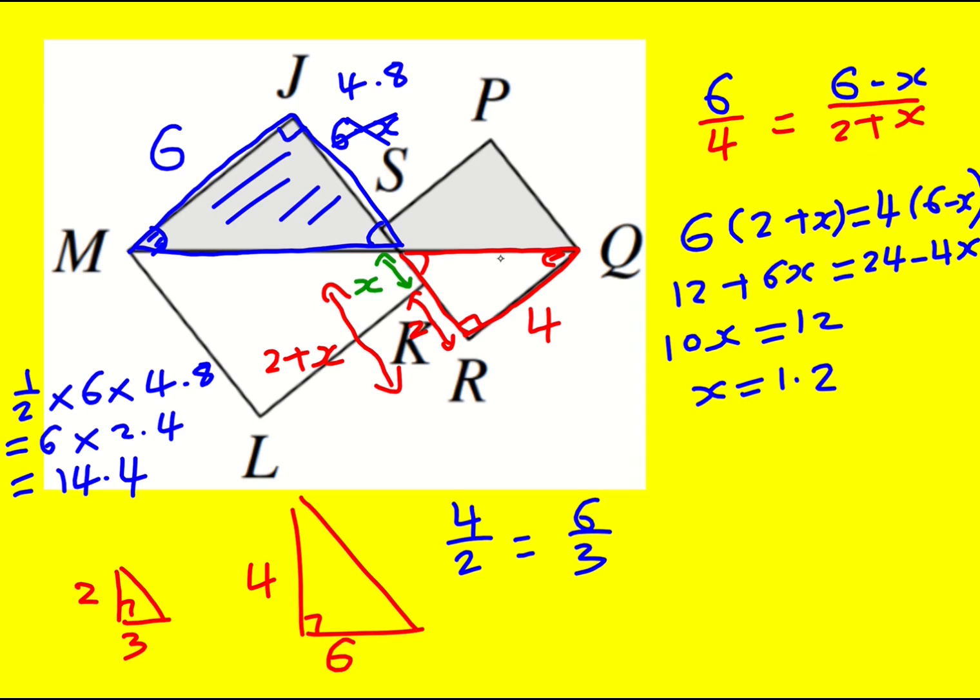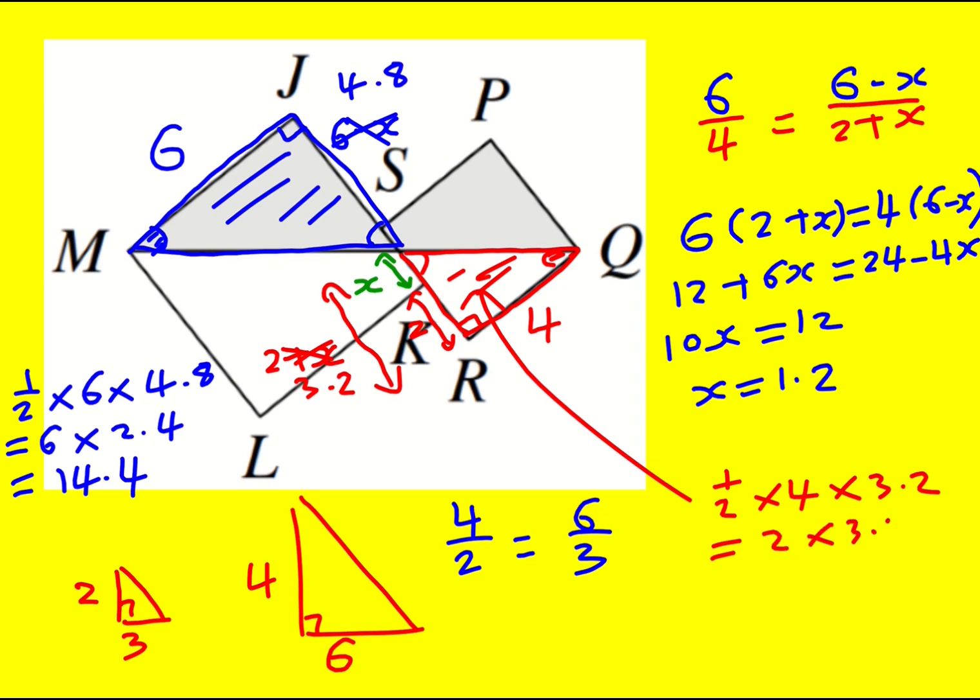For the red one, it's going to be similar. 2 plus x is going to be 3.2. So for the area, I've got a half times 4 times 3.2, which is 2 lots of 3.2, which is 6.4.